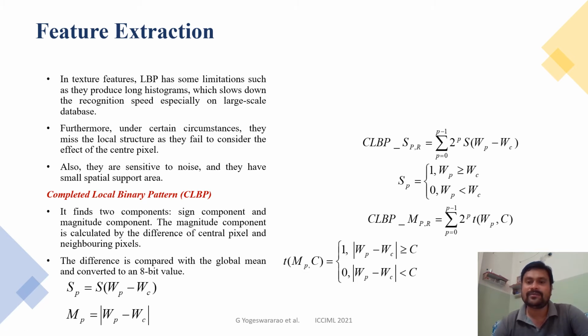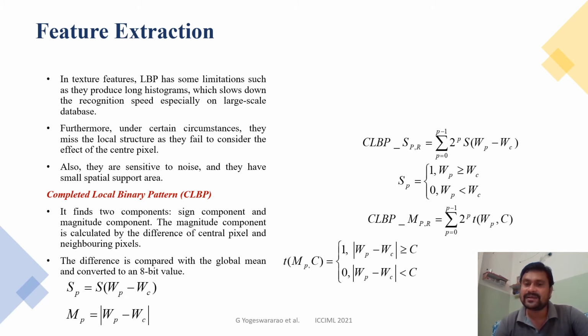And here the main thing is that in LBP we didn't have the magnitude component. Now we are calculating the magnitude component based on the difference between the center pixel and the neighboring pixel.